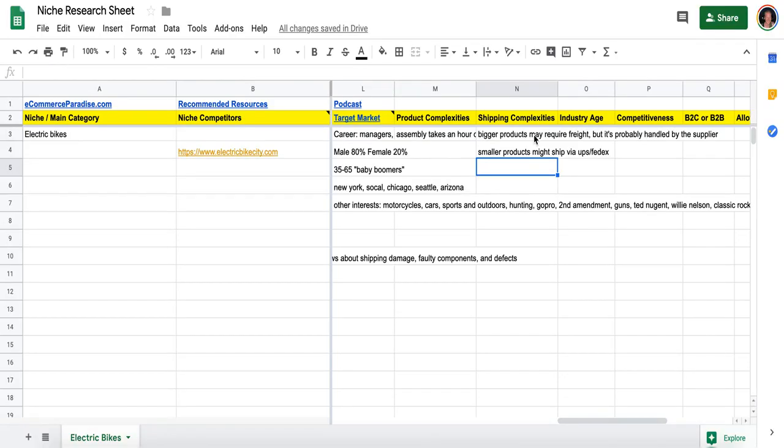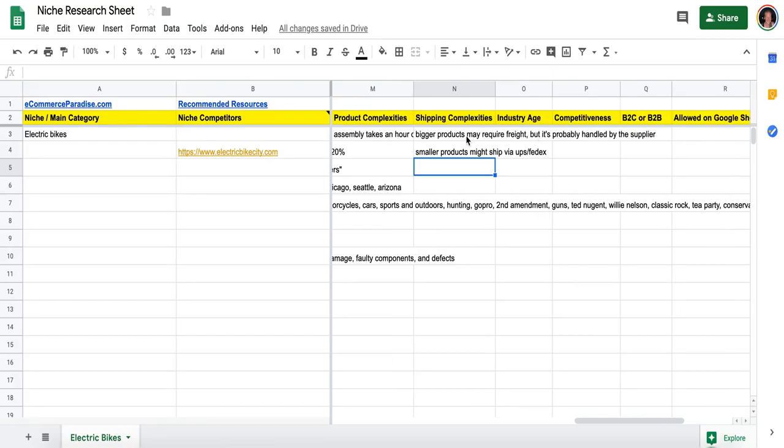So anyways, keep that in mind, guys. Bigger products definitely require freight shipping usually, and whether it is handled by the supplier or not, you probably want to get set up with a third-party shipping company anyways. But just do the research so that you understand what you're going to be in for with that particular niche, and you'll get that information from your competitor's site. All right, so with that done, let's go ahead and get on to the next lesson.